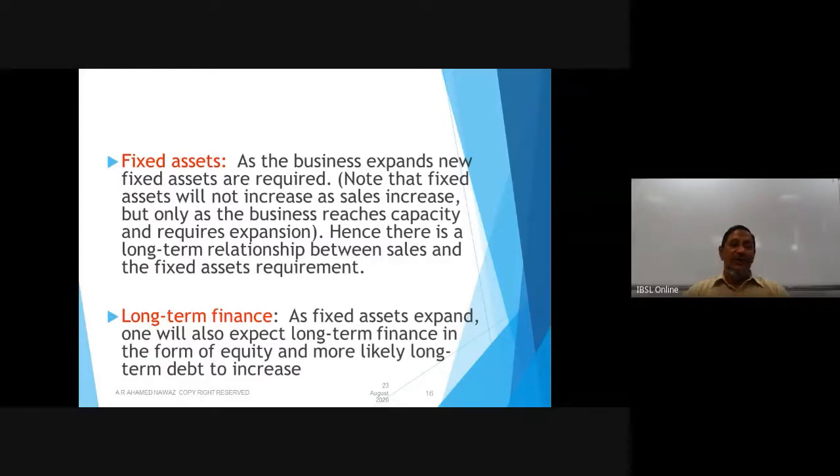So when the fixed assets are expanding, it cannot be met with temporary overdrafts. It should be long-term finance.